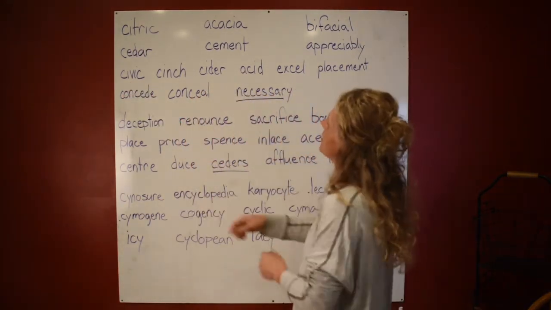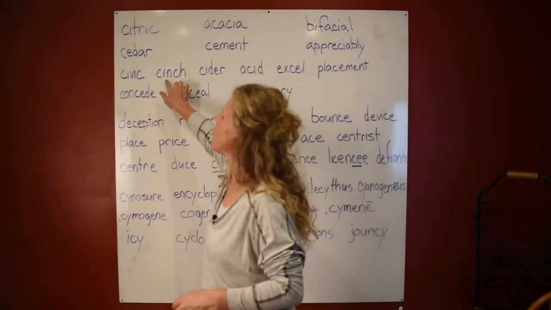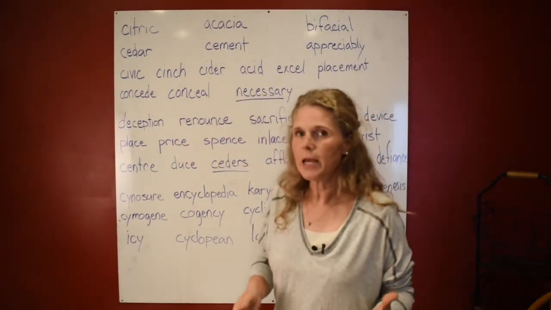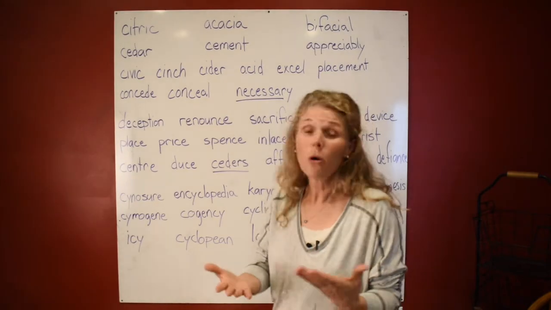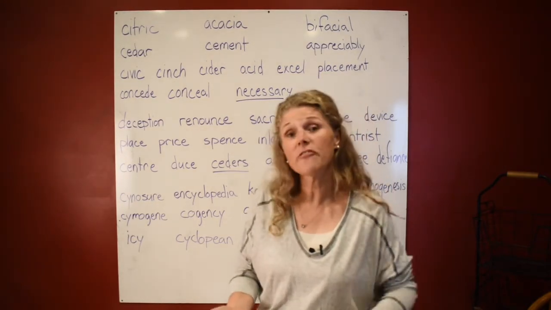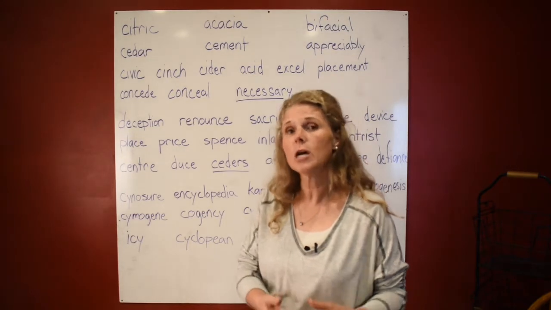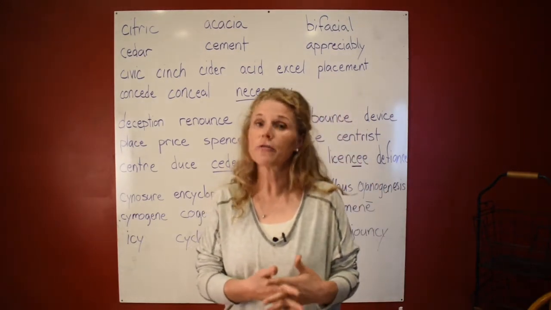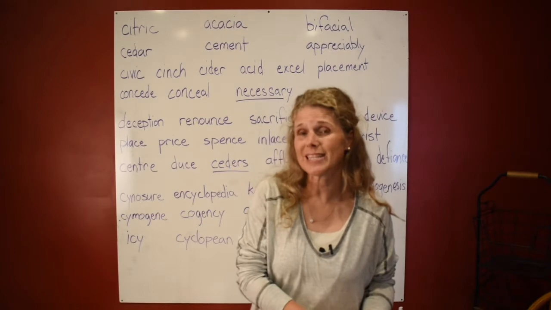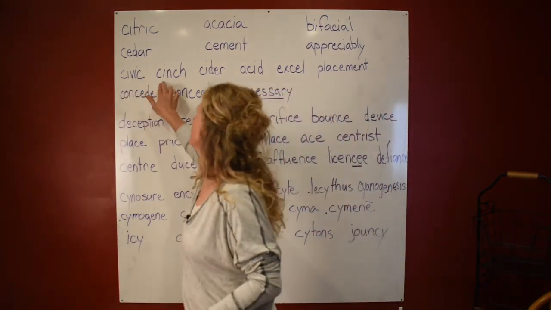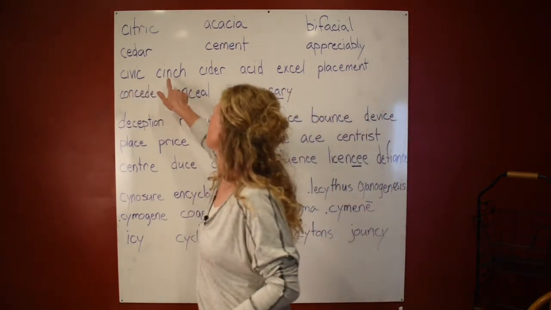If you have a CI at the beginning of a word, it also helps you to know that's probably not a digraph, because the CI digraphs happen in the middle of words, when a CI makes the SH sound. A digraph at the beginning of a word is an SH, and also they're not followed by vowels.